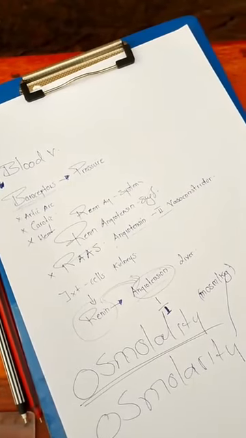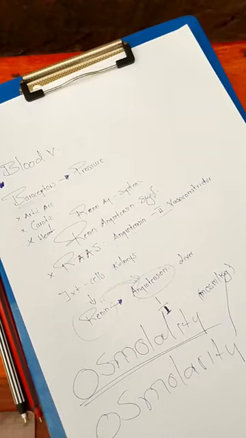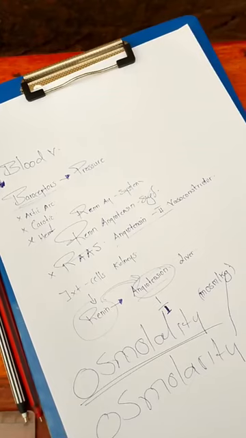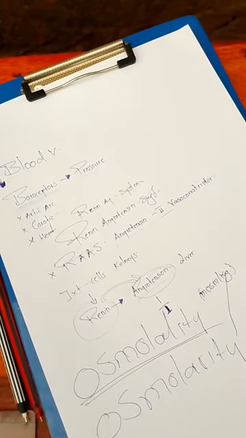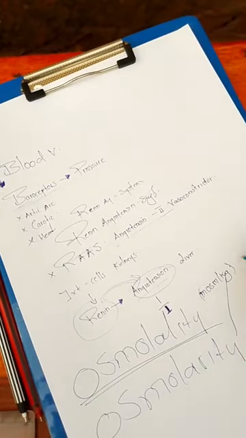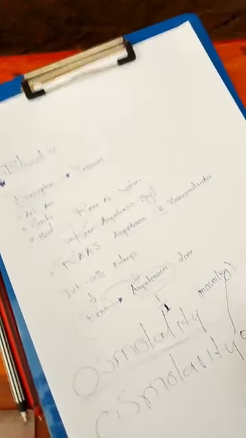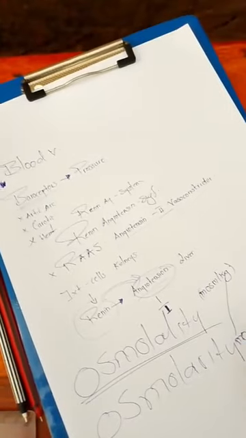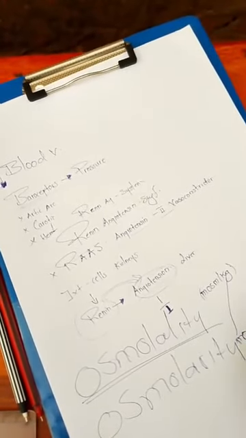Then the difference with osmolarity is that osmolarity describes the concentration of particles per liter, and not per kg. That's the difference. Its units, instead of osmoles per kg, are osmoles or milliosmoles per liter.